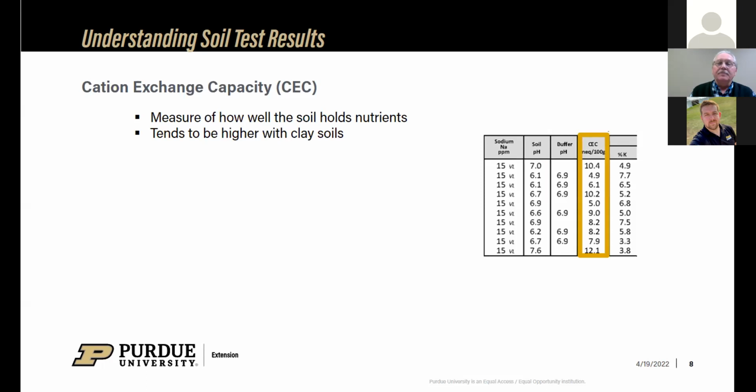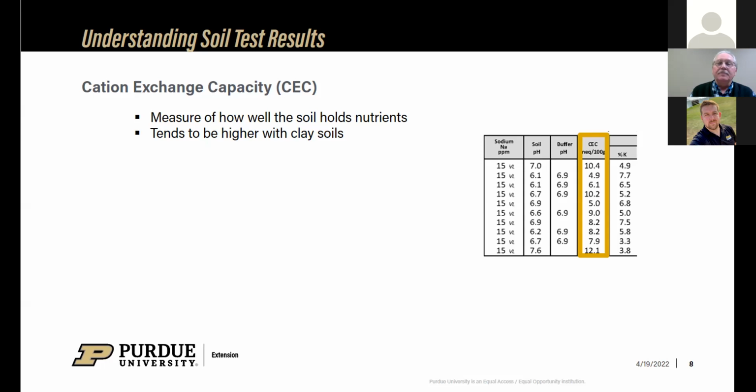Next is a really fancy number. We call it the cation exchange capacity, which is the CEC. It's basically a measure of how well the soil holds nutrients. Clay soils tend to have a much higher CEC. So again, that's why we talked about in clay soils, we need a higher level of potassium, and that's because the clay soils hold on to nutrients a little bit more.